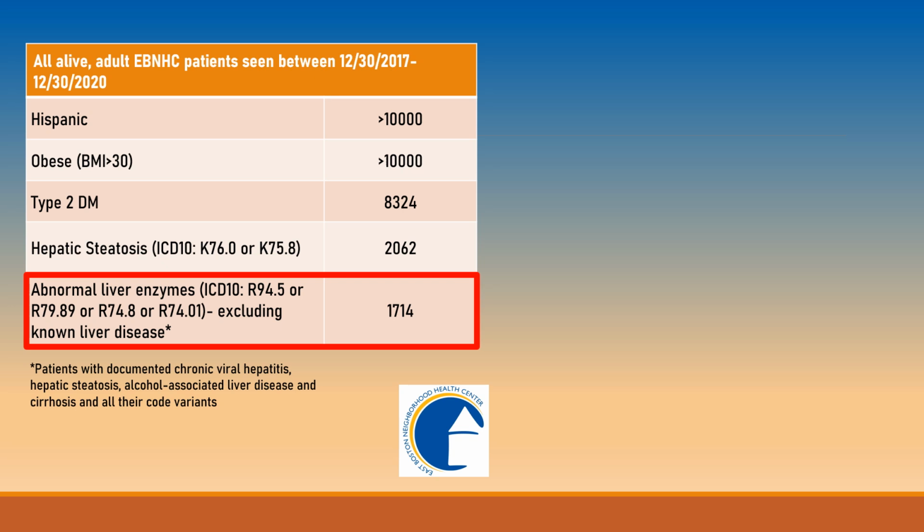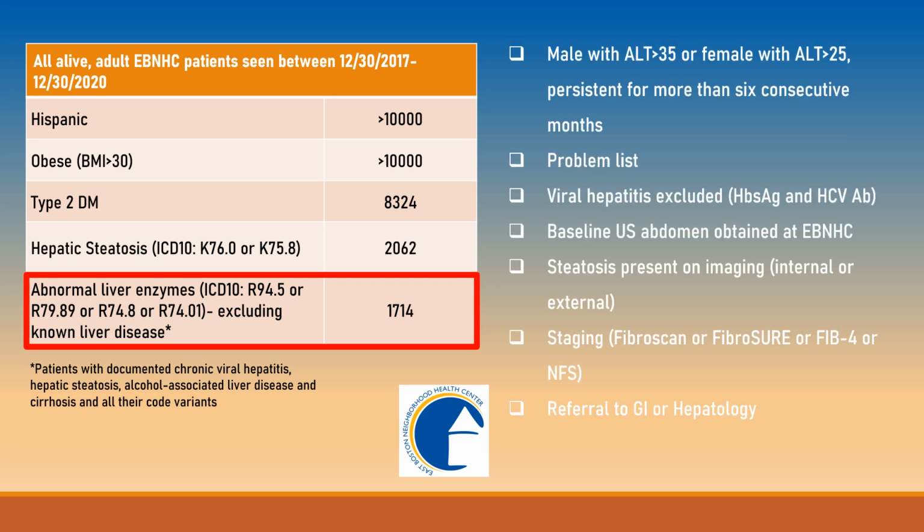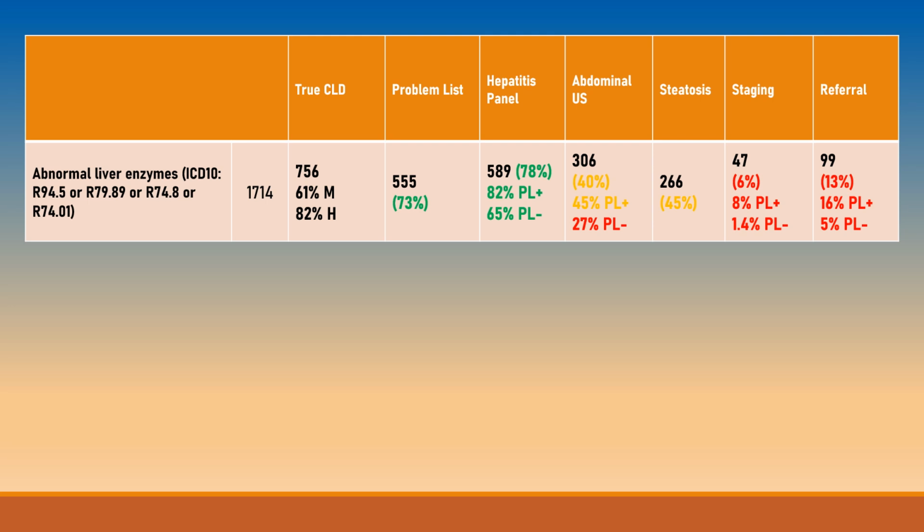And among these patients, we tried to find those with true chronic liver disease, whether that disease was listed among their chronic conditions, whether the most elementary workup had been performed, whether steatosis was seen on any imaging they may have had, if they had been staged with any modality, and finally, if they had been referred to hepatology for evaluation. So we identified 756 patients with chronic liver disease, predominantly Hispanic.